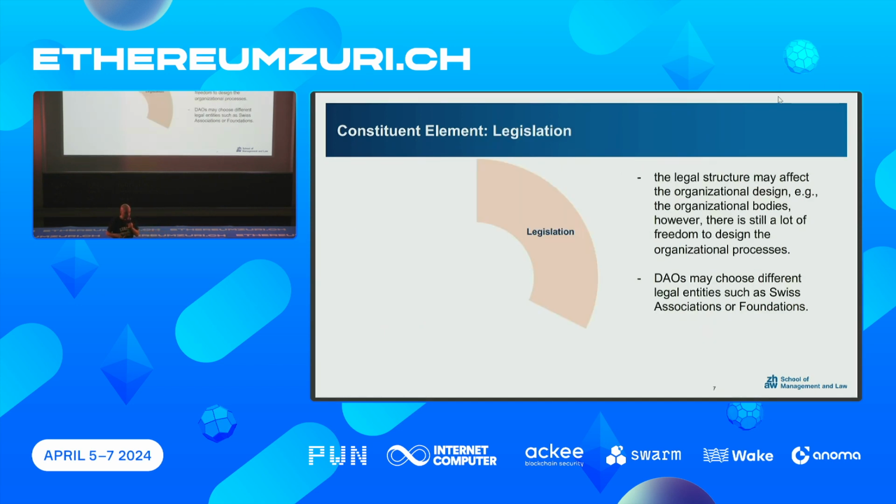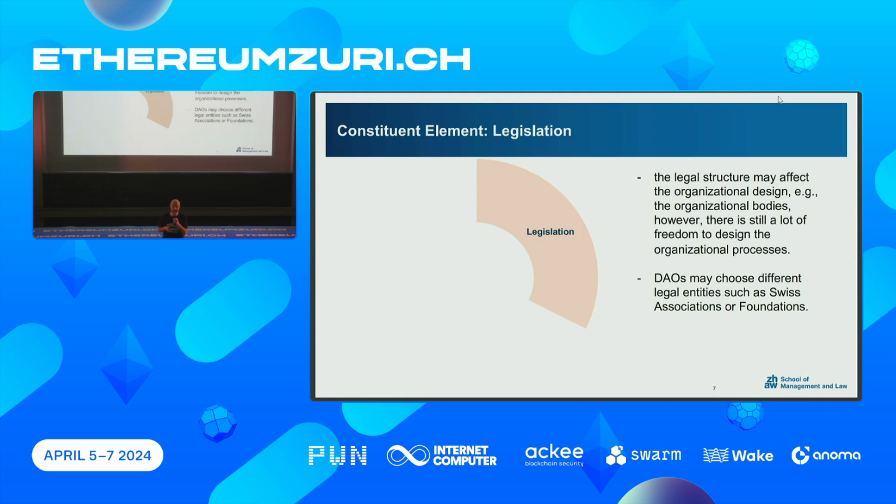What has probably also been discussed extensively throughout the last few days is the constituent element of legislation. So what is really important in funding a DAO is that the question of legal entity actually gets solved, so that there is still freedom and capability of designing the other aspects.